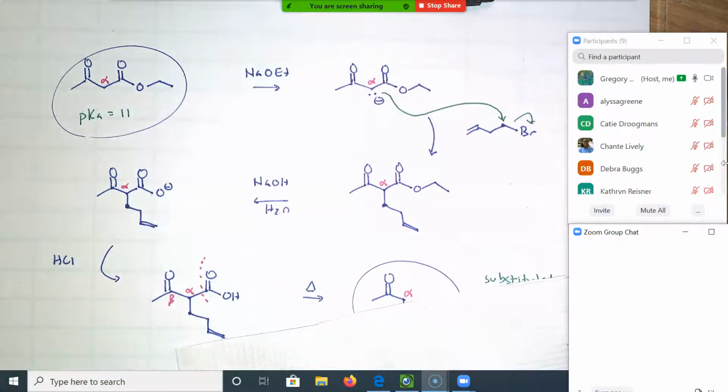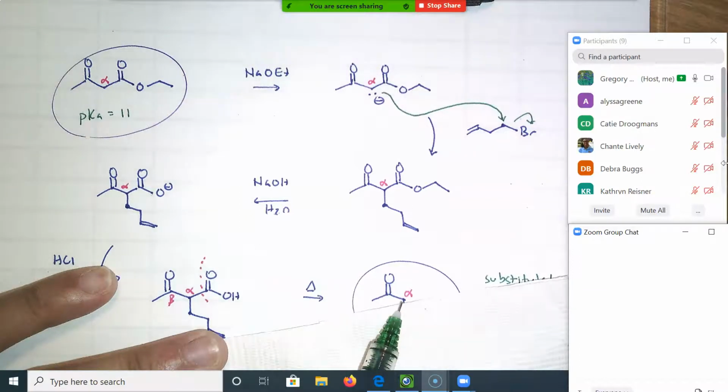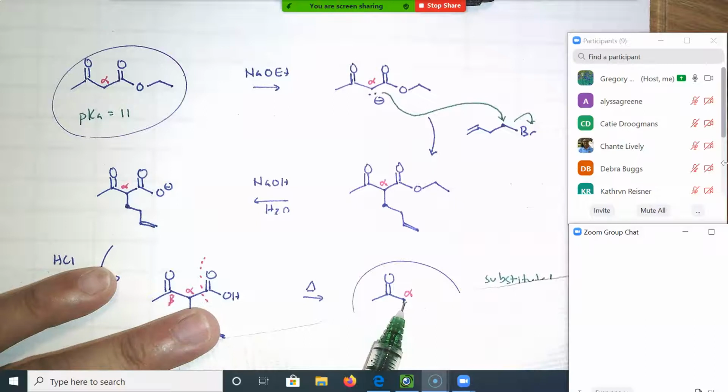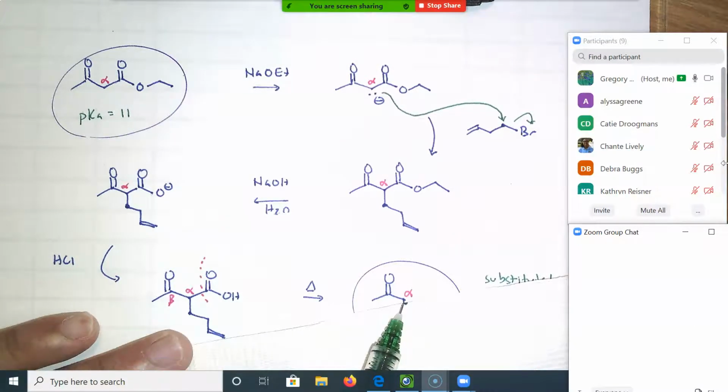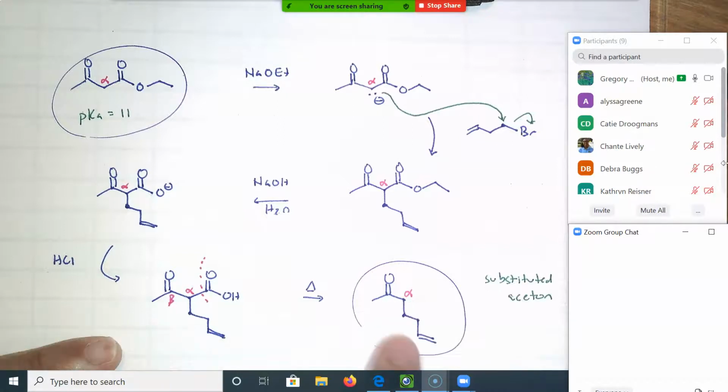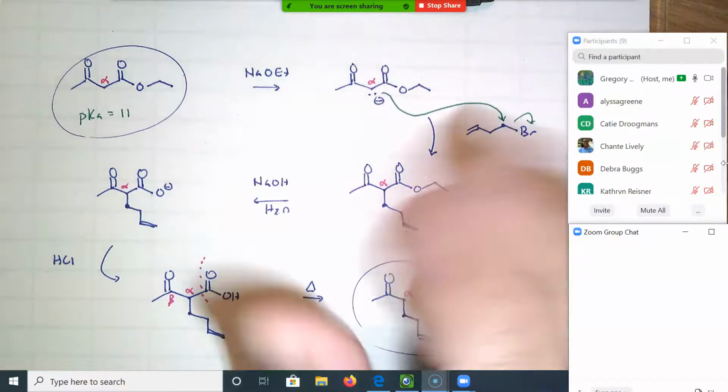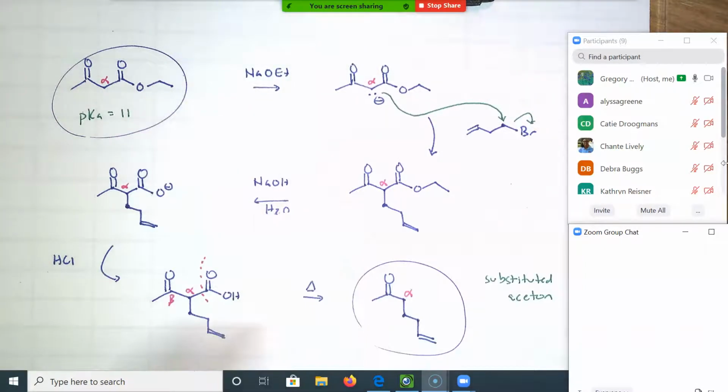Acetone is dangerous because if you try to put a negative charge here to make the enolate, you're going to form an aldol reaction. You're not going to be able to keep that anion there to do alkylation. So there are subtleties why we'd want to do all 5 of these reactions to put anything onto that alpha carbon rather than just use acetone, right?